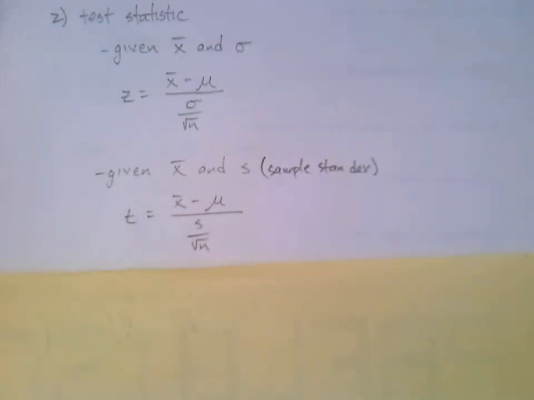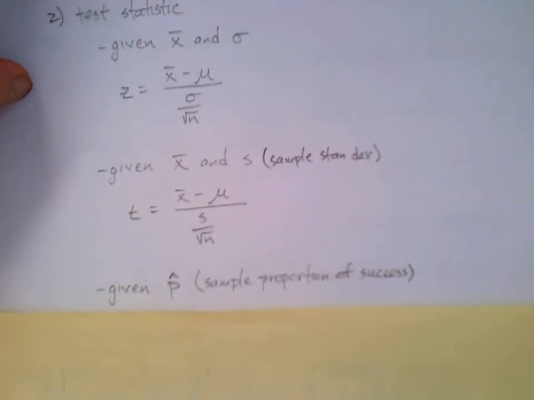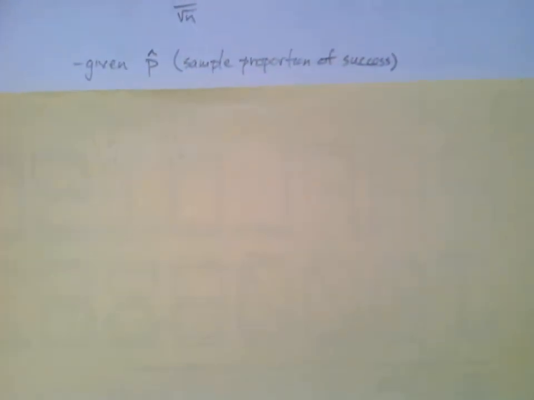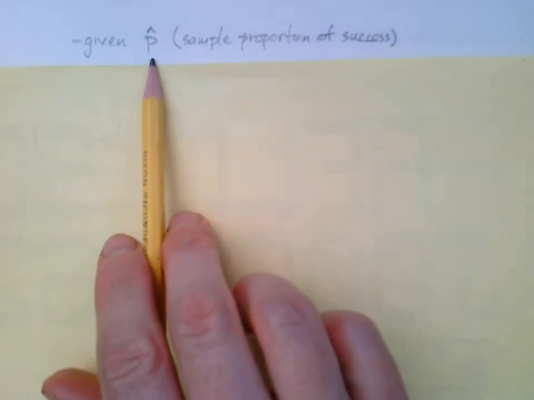Okay, then the very last type of problem is that we're given p hat, a sample proportion of success. Let me go ahead and pull that up a little bit so it's not so blurry. P hat, a sample proportion of success. Now, they might not give that to us directly. They might just tell us the results of a survey. We saw that back in chapter 9 with the lawyer.